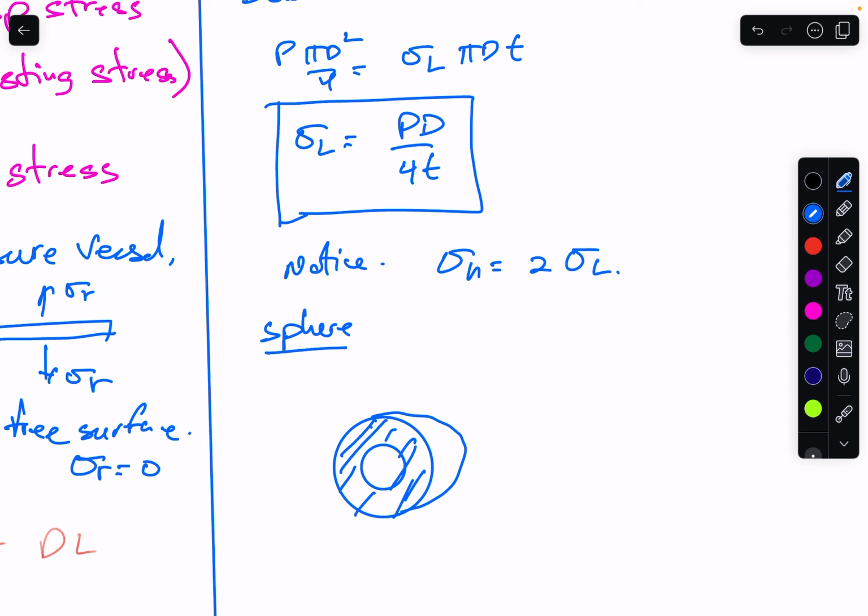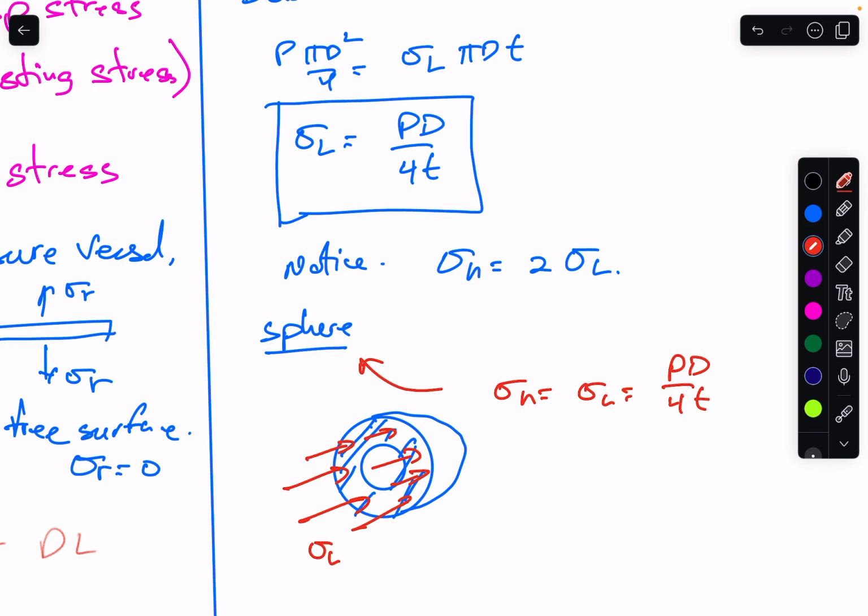In this case, the resistance to prevent the vessel from bursting must be a longitudinal stress. So for a sphere, your hoop stress is equal to your longitudinal stress. Therefore the stress in the material of a spherical pressure vessel is always lower than if it was a long pressure vessel.